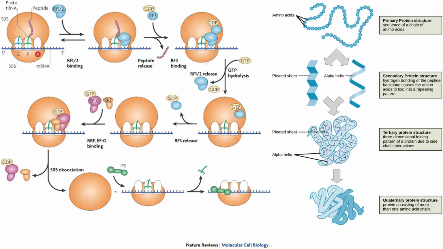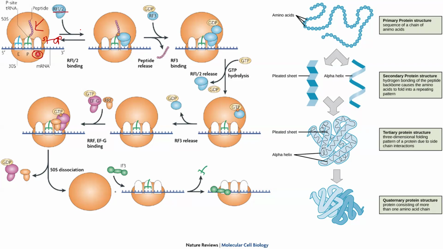So elongation along the A and P sites of the growing polypeptide occurs, and when the peptide is fully formed, and the aminoacyl site comes across a stop codon, this stop codon is what is recognized by a molecule known as release factor.